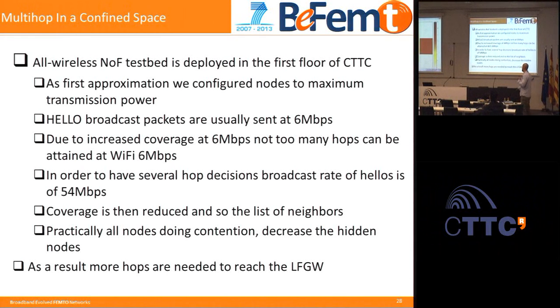Since the layer 3 topology is defined by hello broadcast messages, which are usually sent at 6 megabits, what we did was to increase the rate at which these hello broadcast messages are sent, so that the coverage range that the hello broadcast messages can achieve is minimized.